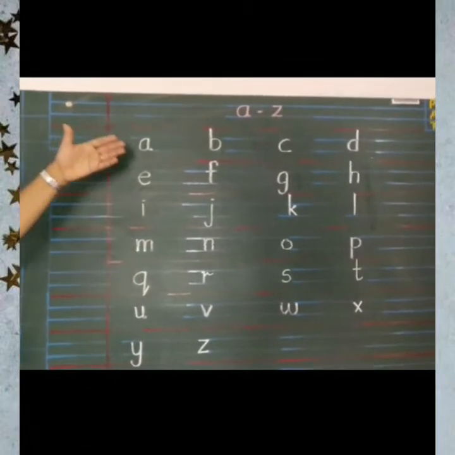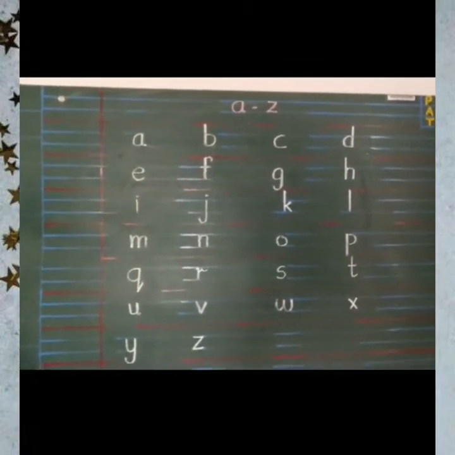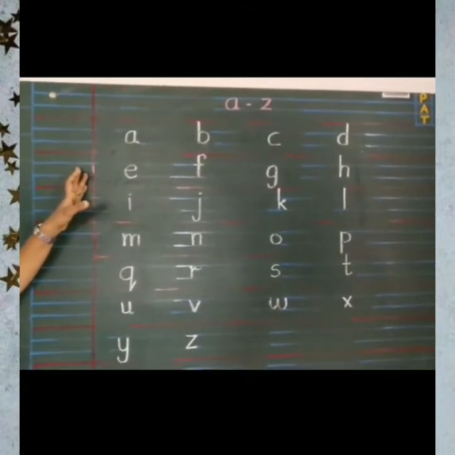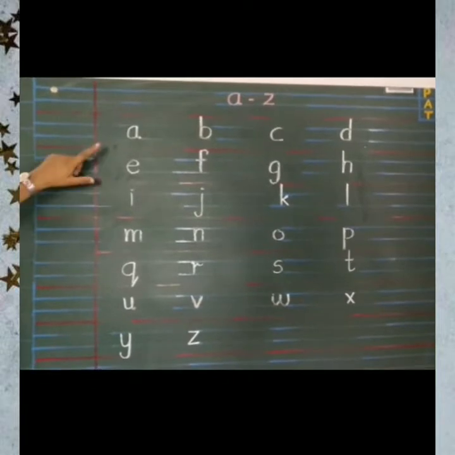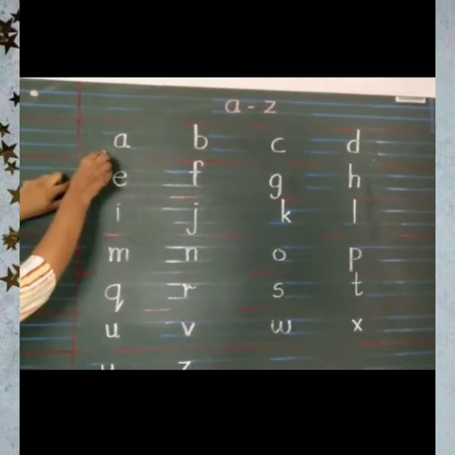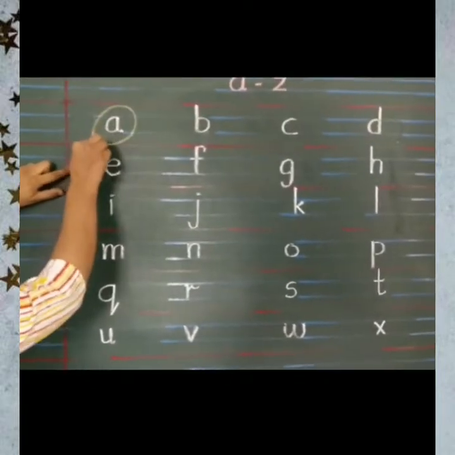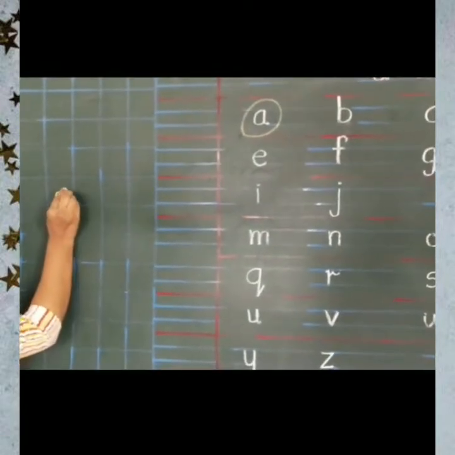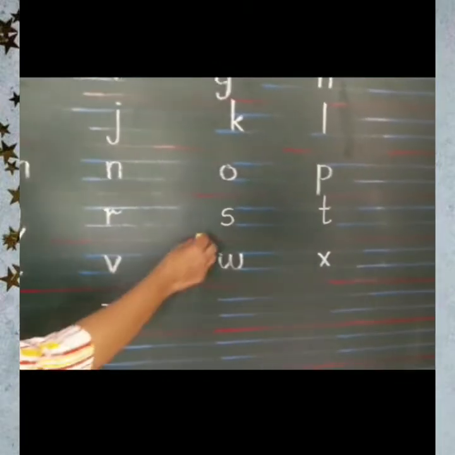So kids, these are script letters A to Z that we have already learned in LKG, right? Now we will learn how to make two-letter words from this. Suppose we will take script letter A from here and we'll take S from here.